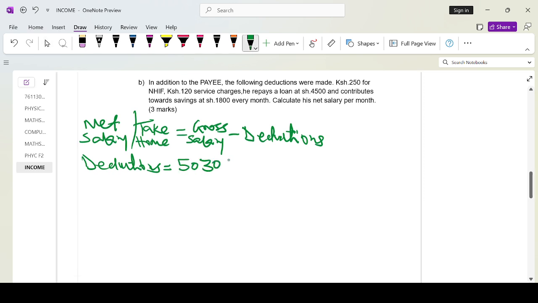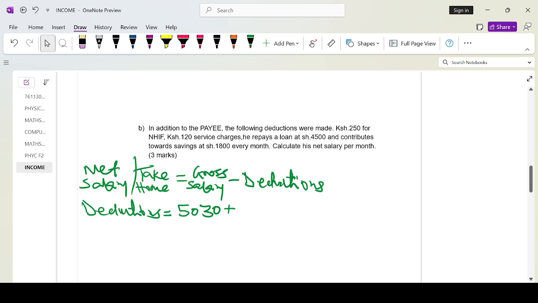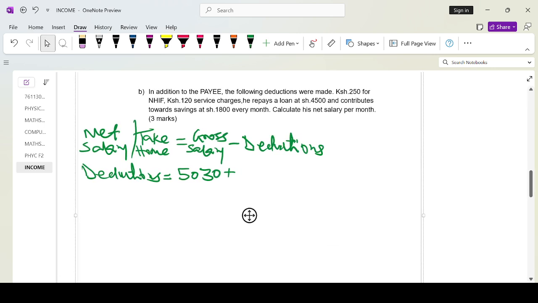You pay tax. Then the next deduction you are seeing, this person is giving 250 shillings to NHIF. The moment he is paid salary, NHIF deducts 250. Another deduction is 120, which is for service charges.